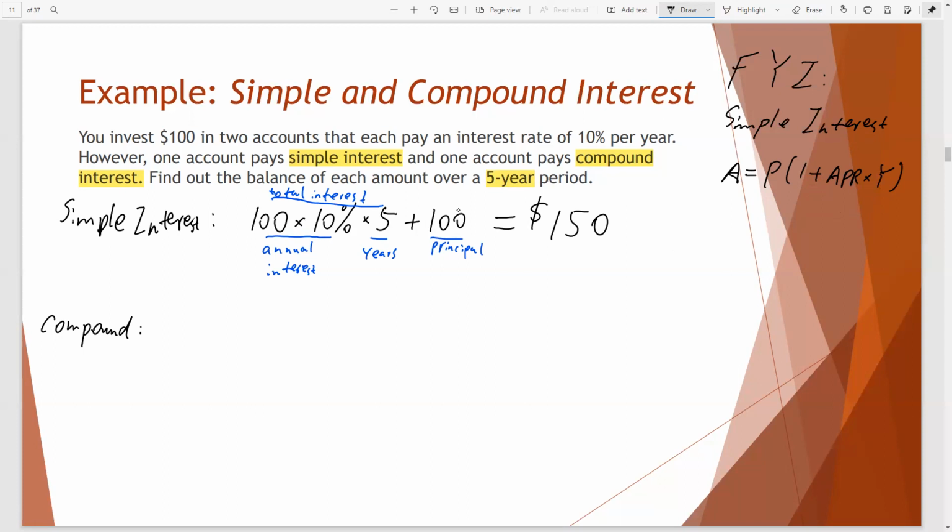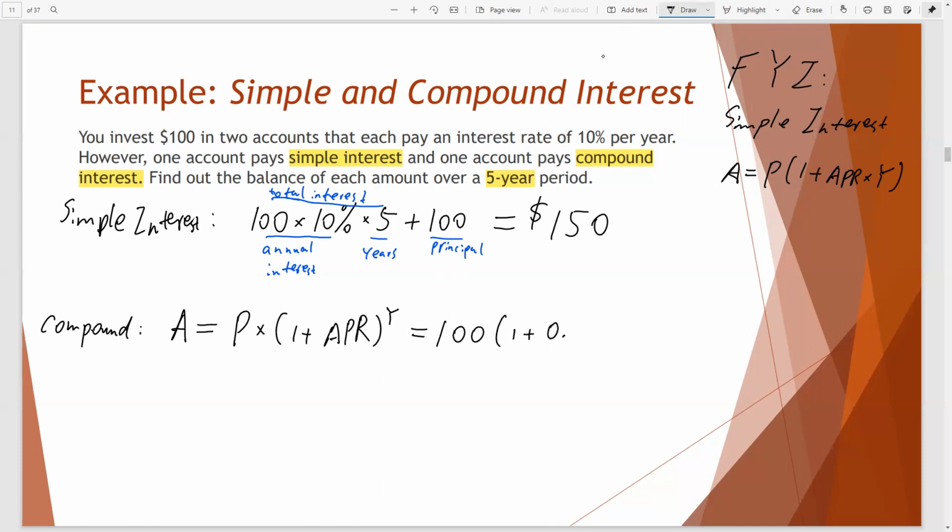For compound interest, the accumulated value will be principal multiplied by 1 plus the annual percentage rate, APR, not the yield but the rate, to the power of Y. My principal is $100.